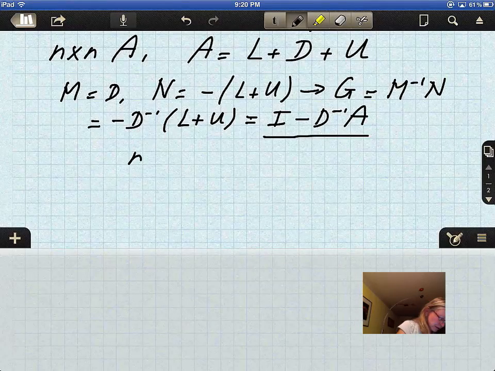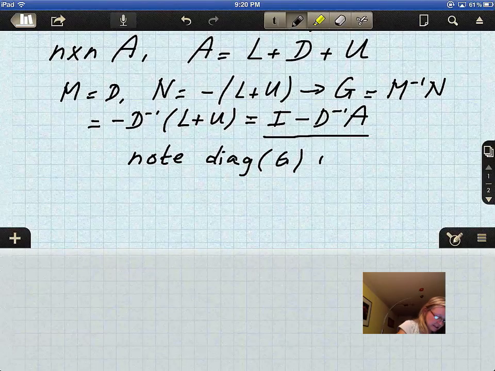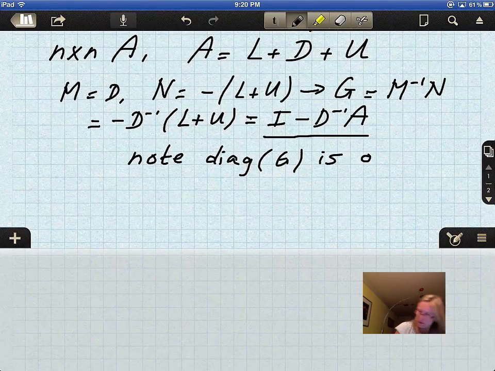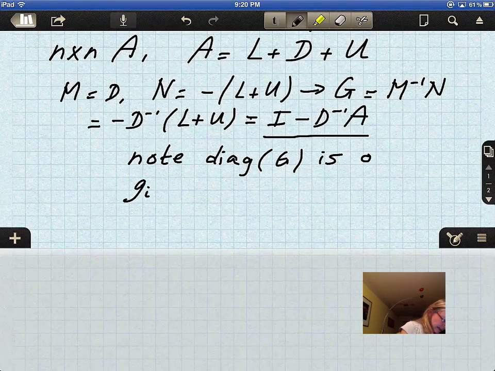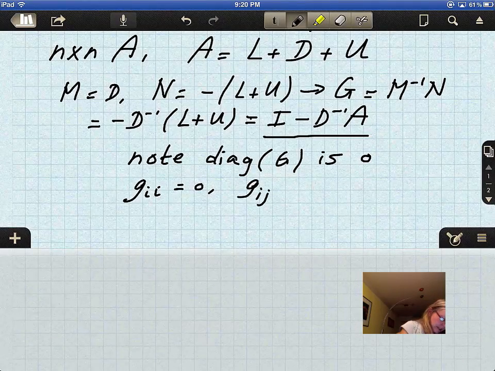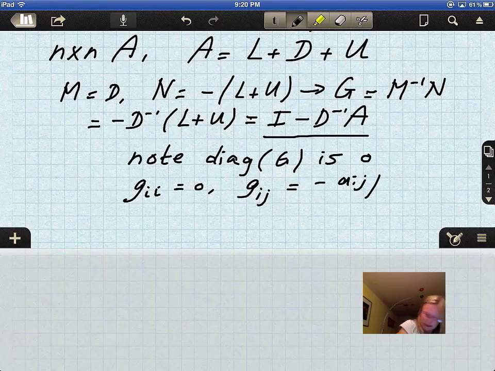So note that diag of G is 0, and that means that G_ii is 0. And we can also see that the off-diagonal elements, G_ij, are equal to minus A_ij divided by A_ii.